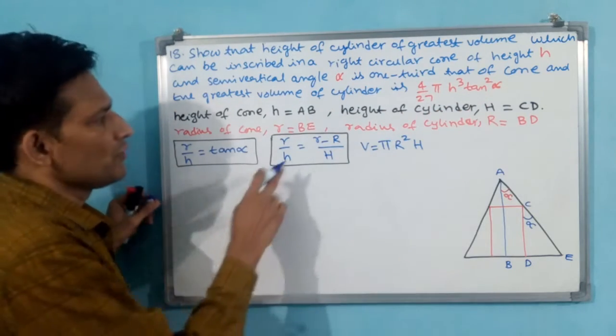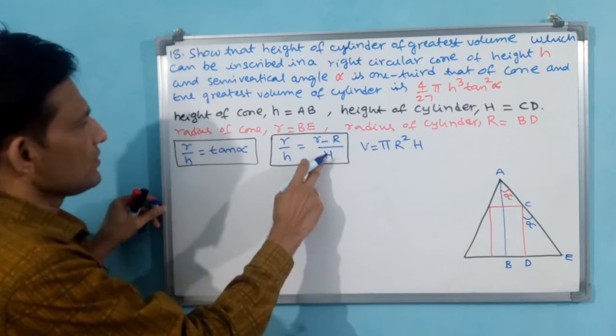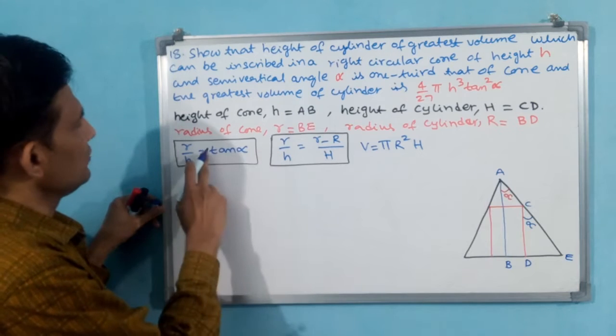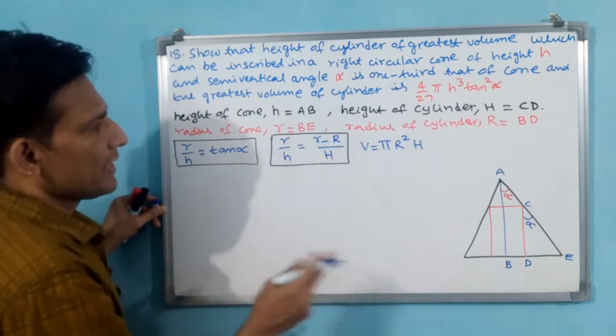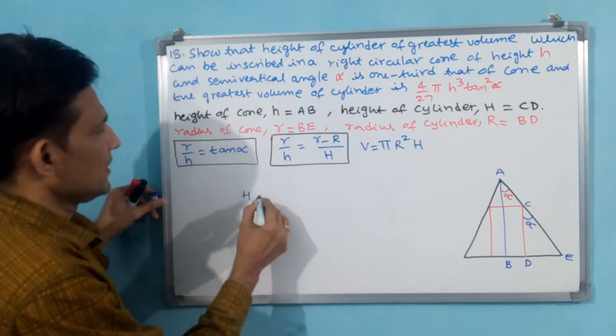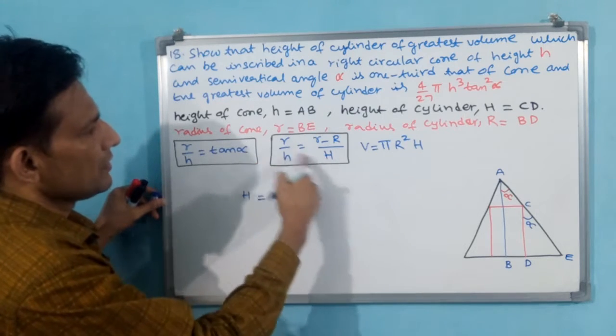That is why, what I am doing, you see here, H is equal to small r minus capital R by tan alpha. You see, on the side I am writing.